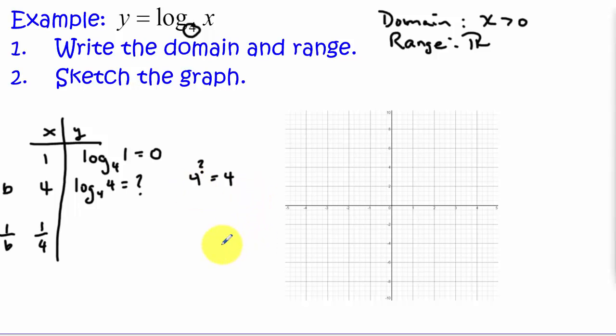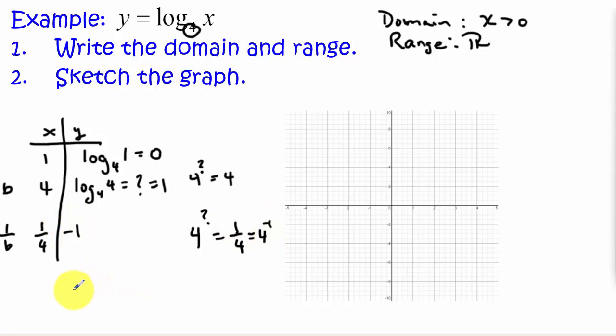So 4 to the what equals 4? The question mark will be 1. So log base 4 of 4 is positive 1. And 4 to the what power equals 1/4? This is the reciprocal, so we get -1.